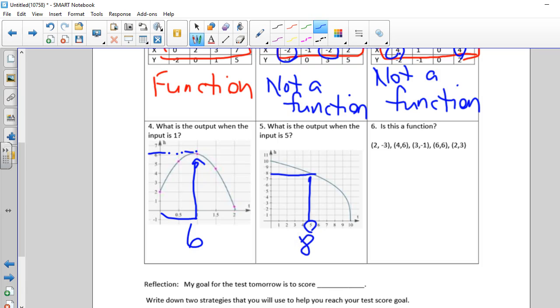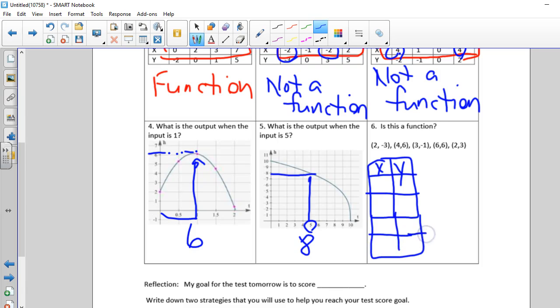Number 6, is this a function? I don't like all those ordered pairs and commas. They get on my nerves. So I'm going to create a table. And I'm going to put my inputs.